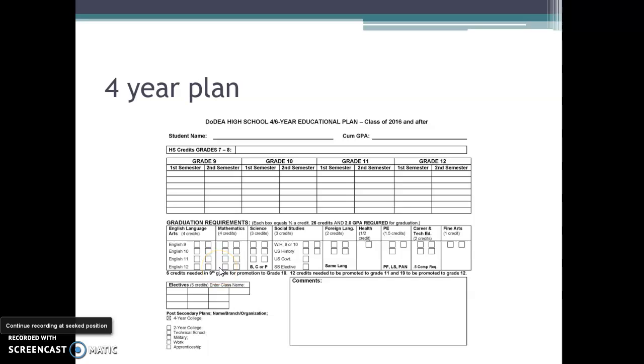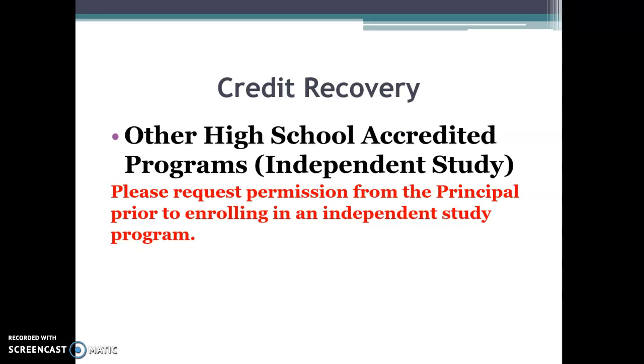And although I do realize that some students may need some credit recovery, we do have that information as well for students that at semester will need some sort of credit recovery from an accredited high school program.